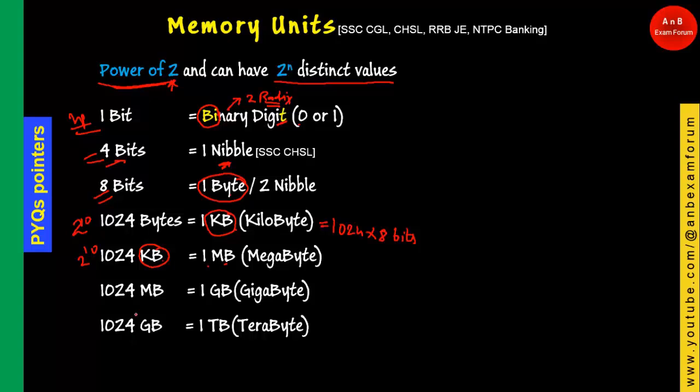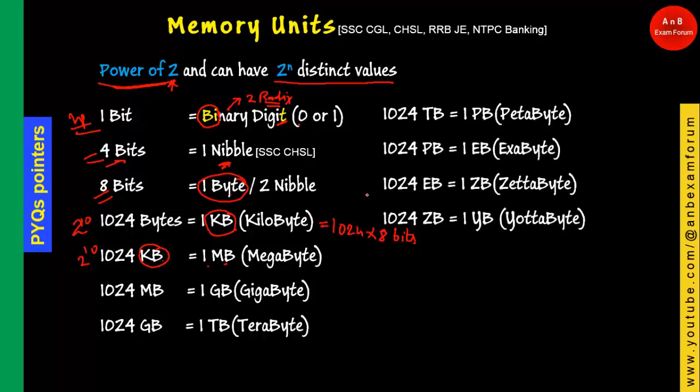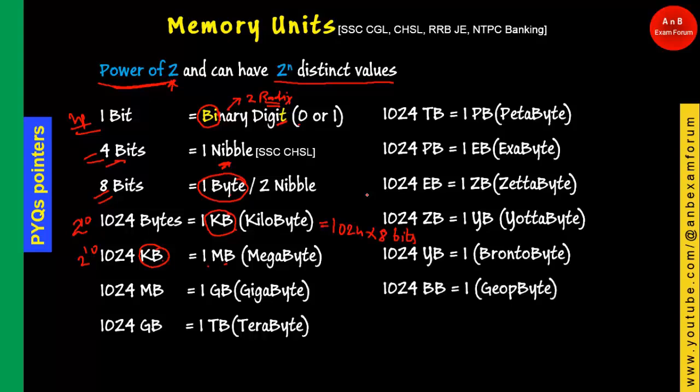Afterwards we have PB, that is petabyte, exabyte, zettabyte, yottabyte, brontobyte and geobyte. So you can ignore these two, these are not asked in exam, but till yottabyte you should remember.